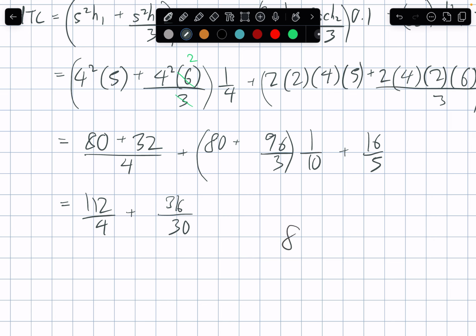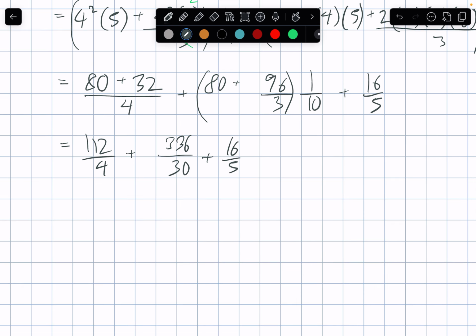Wait. 160, 170, 176. This is crazy. 240 plus 96, 336. And then 16 over 5. Simplify. Common denominator. 15 times 112.